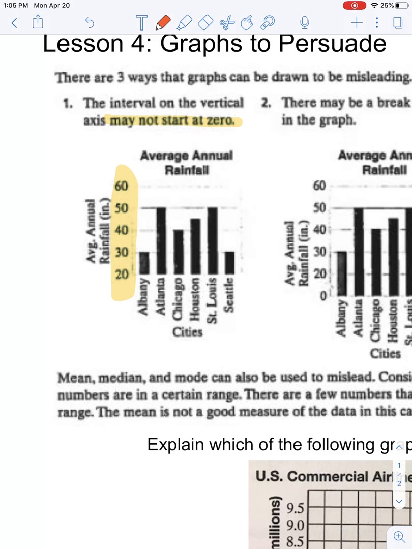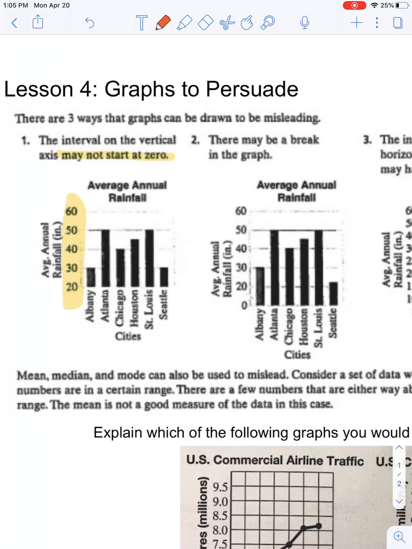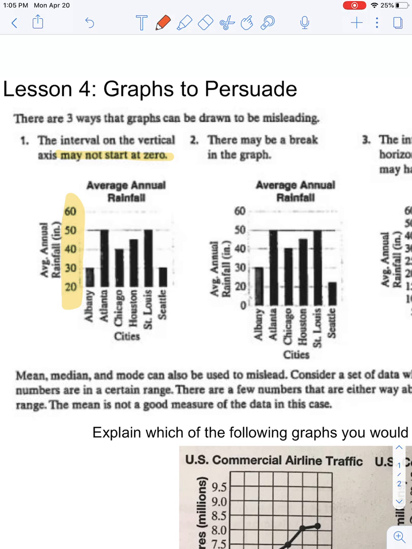And then the other cities, Atlanta, Chicago, Houston, and St. Louis, all average more than that. So the fact that it does not start at 0 leads you to believe that it doesn't have as much rainfall, but in fact it does. Graph number 2. There may be a break in the graph. So your second reason for having a graph that may be misleading is that there may be, and this is not very clear, what we call a break.